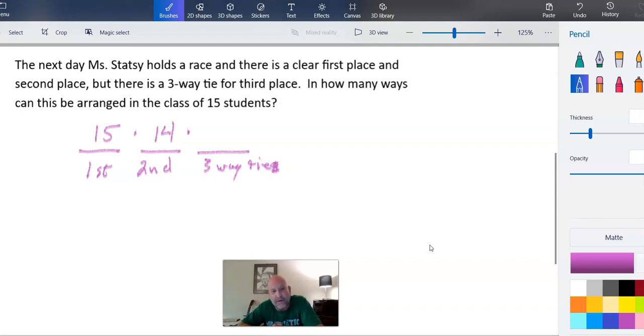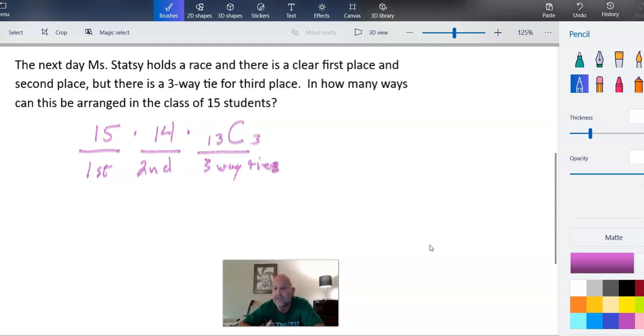What I need to figure out is the number of 3-way ties there can be among who is left, then I can just multiply that number in. Well, if it's a tie, there's no order, right? Everybody finished simultaneously, so all three of them got third place. And there's 13 students left. So what that ends up being is 13 choose 3.